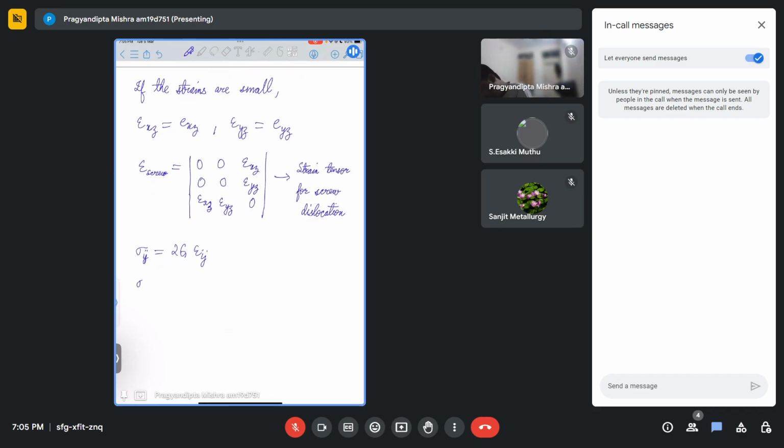Okay, let's just write down the expressions first. Sigma yz is equal to gb by 2 pi, because 4 pi, so 2 will get cancelled, cos theta by r.